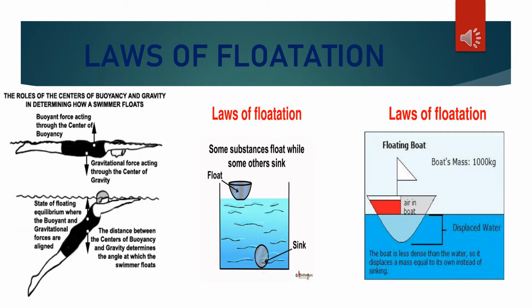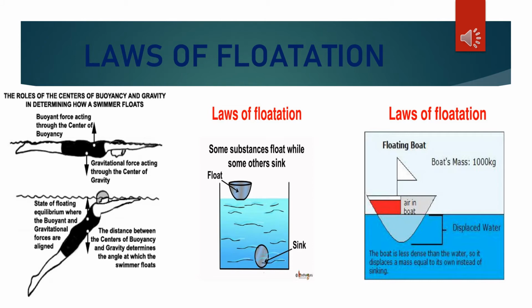Okay, so this is the justification of these three conditions of flotation from your book. I have shown it diagrammatically. But one more extra diagram I have given in the case of the third diagram: state of floating equilibrium, where the buoyant and gravitational forces are aligned. The distance between the centers of buoyancy and gravity determines the angle at which the swimmer floats.